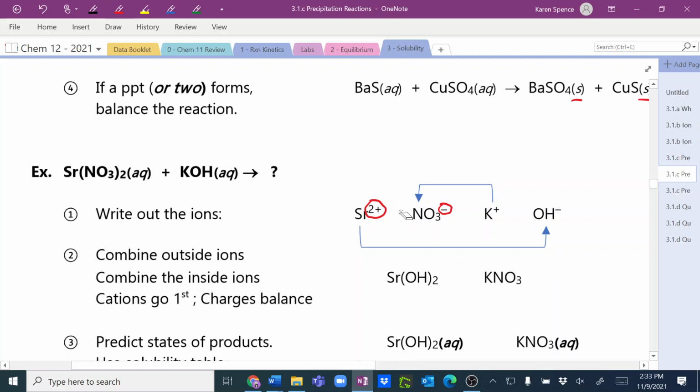No. Because nitrate is now going to get together with K, and both of those are 1 charge. And so you actually end up with just KNO3. Okay, there's no K2(NO3)2. That's not how we do it. Strontium, though, goes with hydroxide, and that means we need Sr(OH)2.